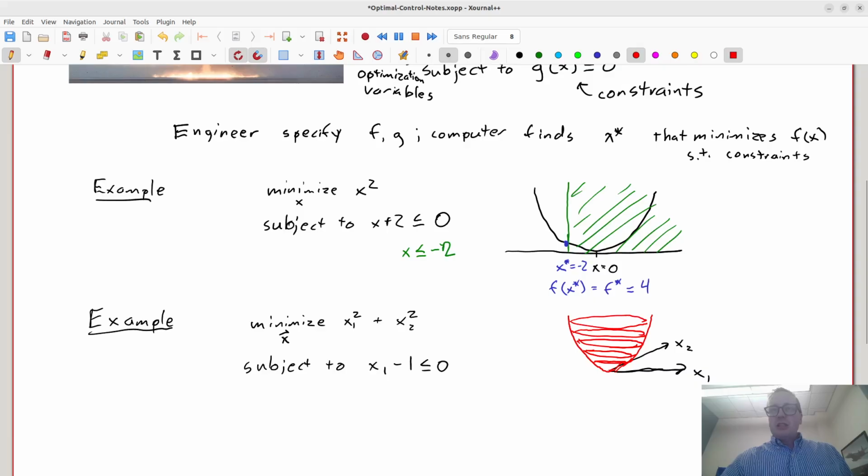So if I draw this looking straight down from above, then it'll look like this.